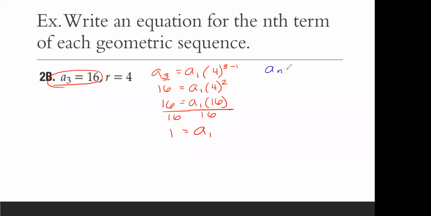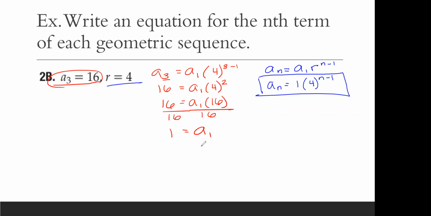So when I'm using my equation, a sub n is equal to a sub 1 times the common ratio to the power of n minus 1, my first term is 1, my common ratio, which was given to me originally, is 4, and then it's to the power of n minus 1. So that is my equation there. There's an extra step here because we had to find the first term, but we just plug in the information we're given into the same equation, and we're able to isolate a sub 1 and use that to write the equation.